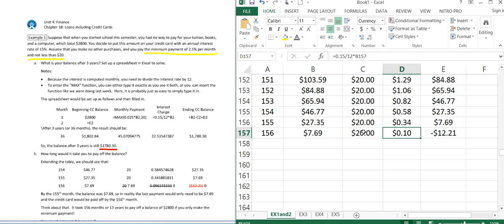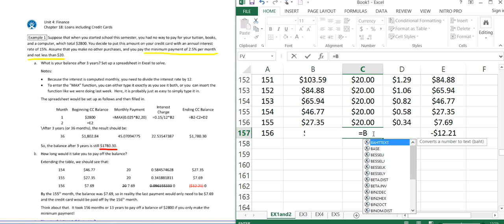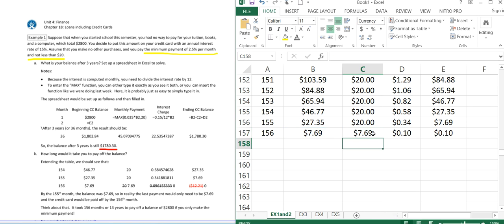But how I'm always just going to say is, okay, let's go to the last month where we went negative. And let's just say, if that's all I owe, then in this last month I'm going to just send in that balance that I have remaining. So what's in B157 there, that 769, that's what I owe, that's what I'd send.